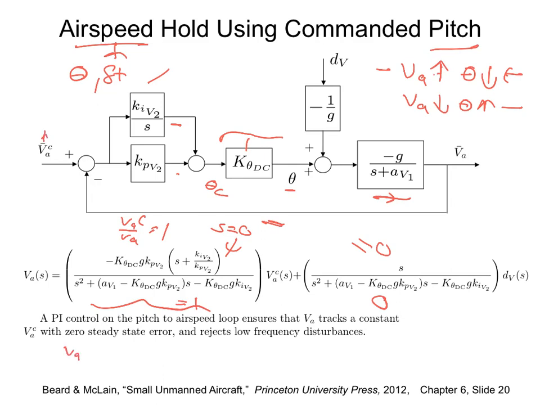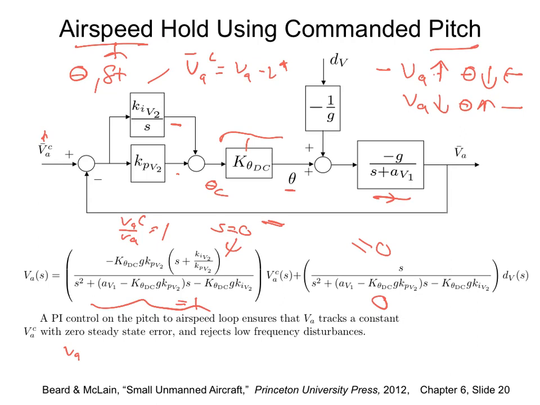That means it is the deviation from the trim condition. So VA commanded is equal to the trim condition, moving away from the trim condition. So that is your VA minus V trim we talked about.